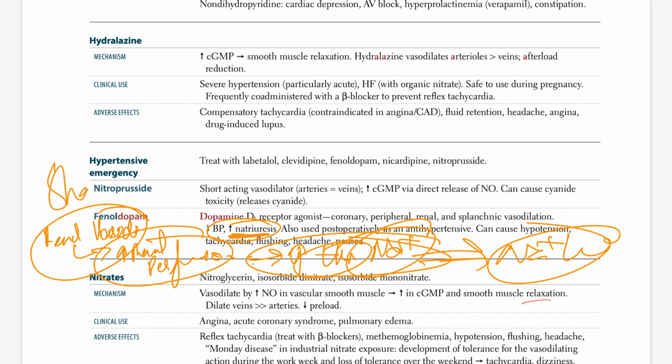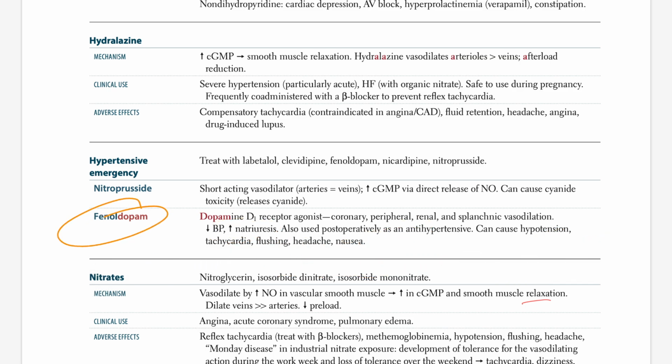So again, it's a protective method in which a patient is in shock, and there's a chance that they can go into prerenal azotemia. Then you dilate those renal vessels by giving fenoldopam, which is going to act on D1 receptors.